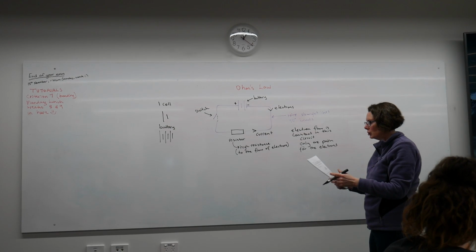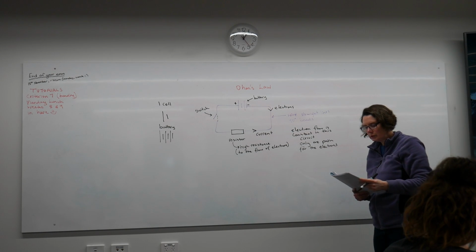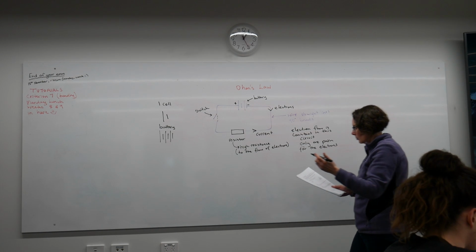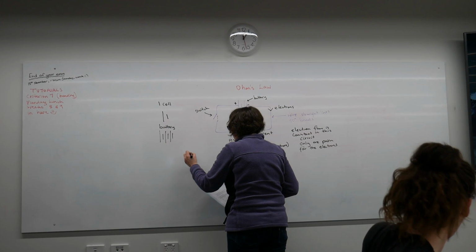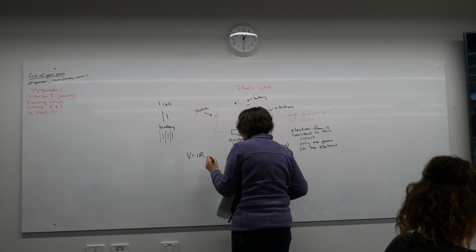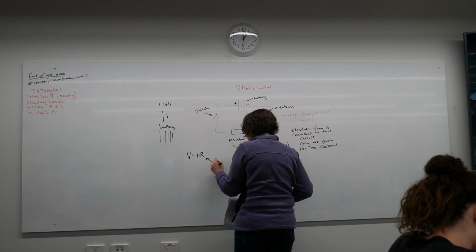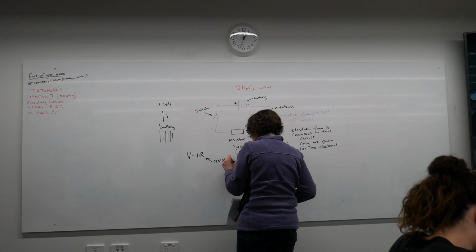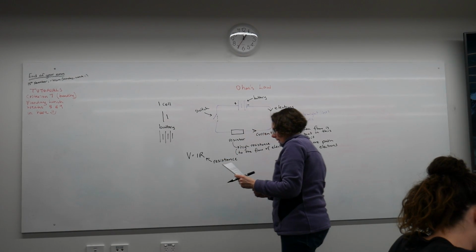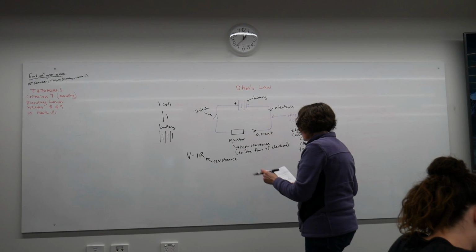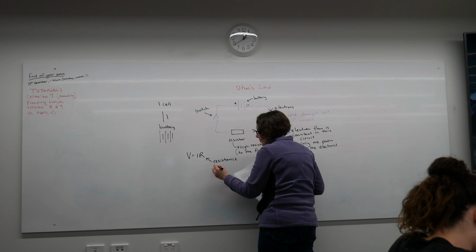So we have a relationship called Ohm's law, where V equals IR. So now we have the resistor, and resistance is measured in ohms.